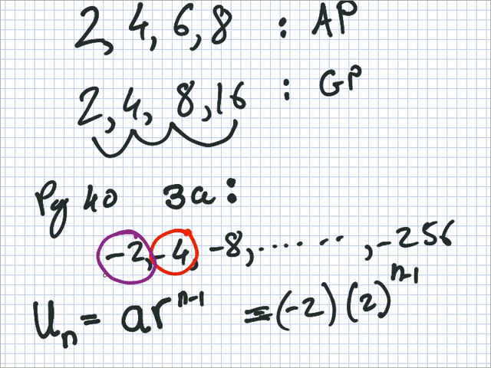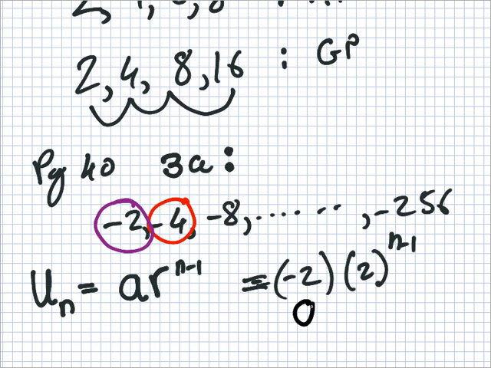It's 2, for the R. So the second number divided by the first number to get the R. Okay. That's the A and that's the R. Is that okay?